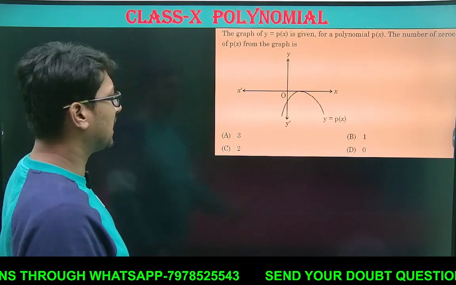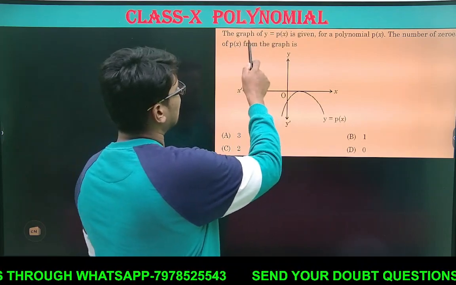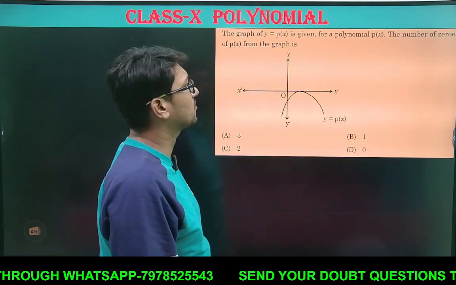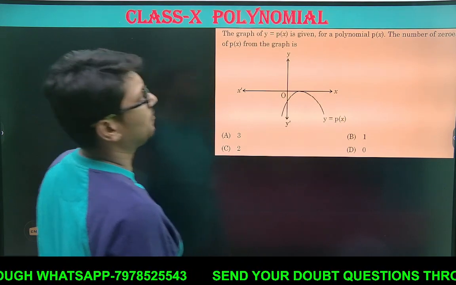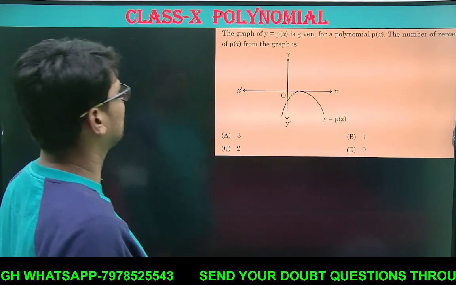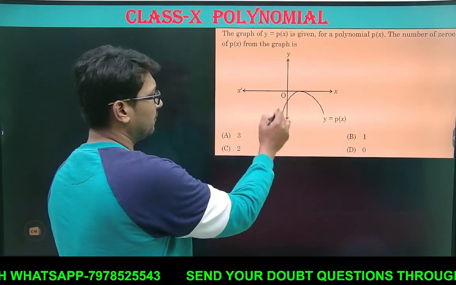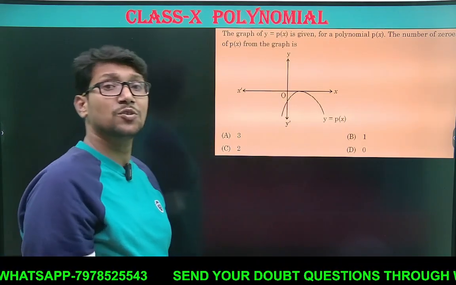So the question is saying the graph of y equals p of x is given for a polynomial p of x. The number of zeros of p of x from the graph is how much? How many zeros are there?